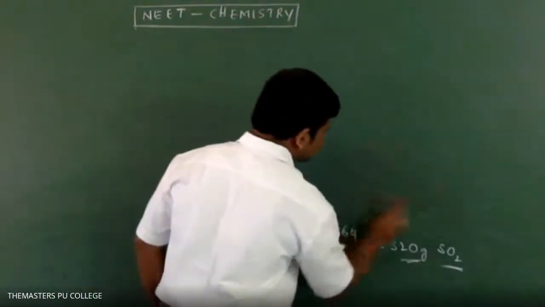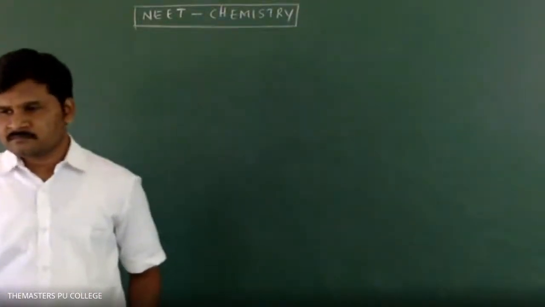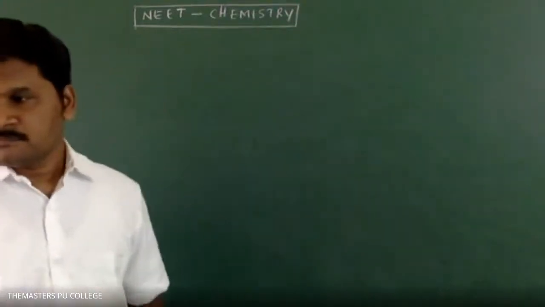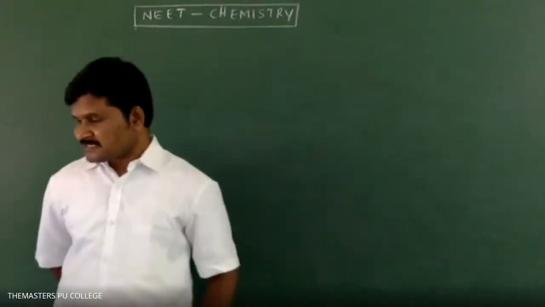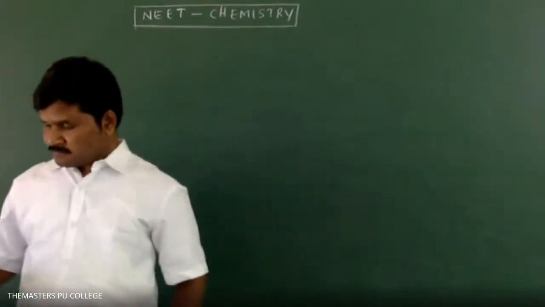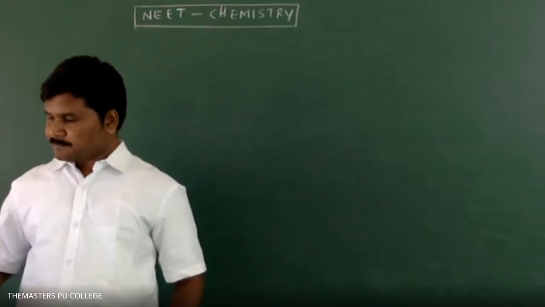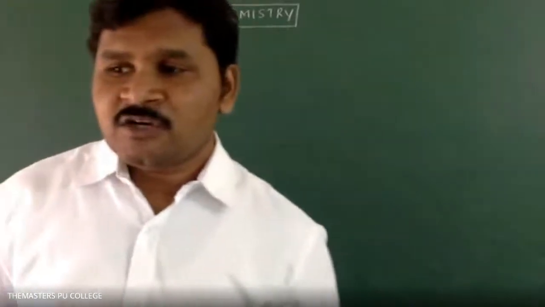Please try to solve it yourself. What is the equation? Students suggest Mg plus O2, and the teacher asks them to balance the reaction. 36 is the wrong answer, please check once. 2 Mg plus O2.